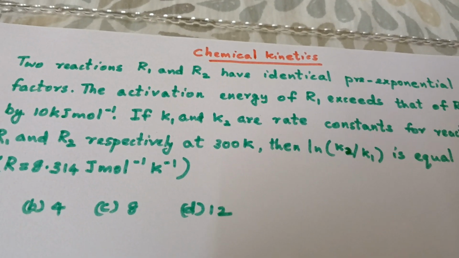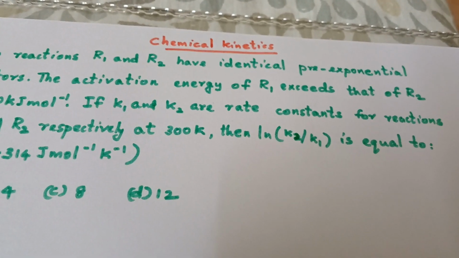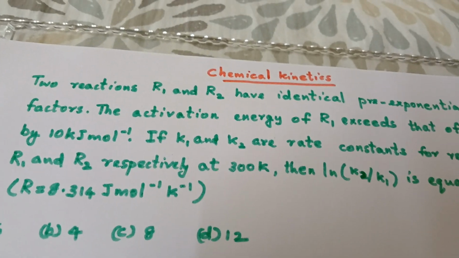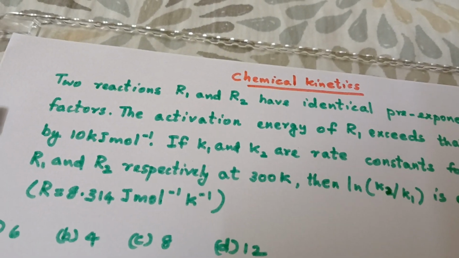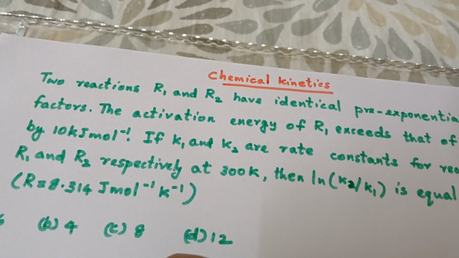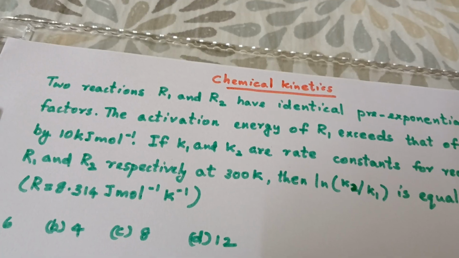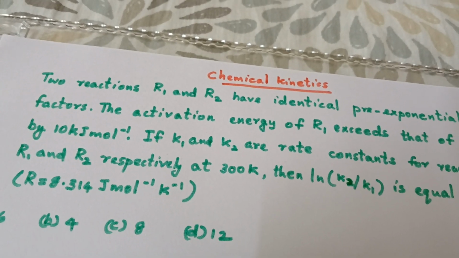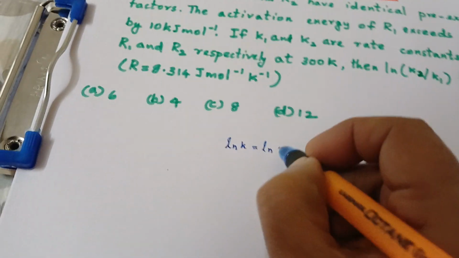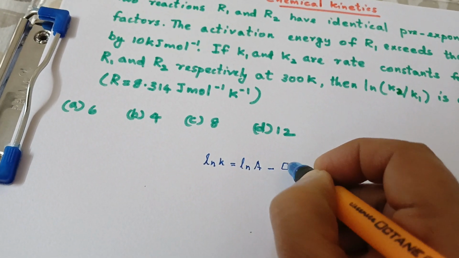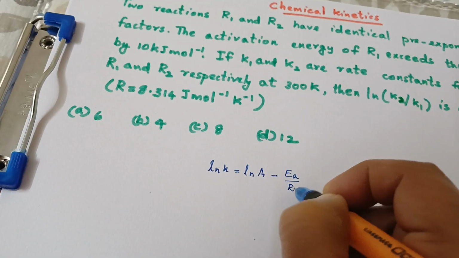Okay, we are told about two reactions R1 and R2. They have identical pre-exponential factors. So, when we write Arrhenius equation, we can write it like this: ln K, this is the rate constant, equals ln A minus EA by RT.